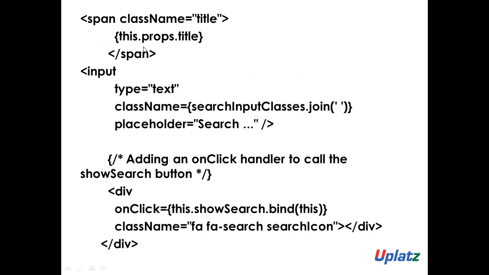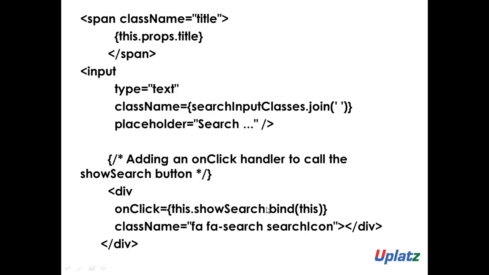After that I need to give the title. Whatever I am typing inside this text field will get updated, and I'm adding an onClick handler to call the show search button. So div this dot show search dot bind this.